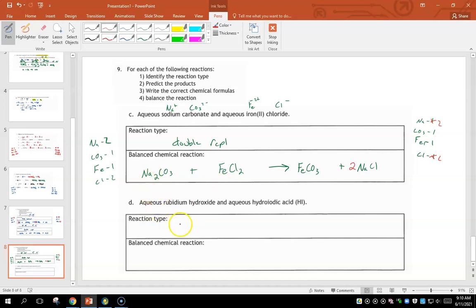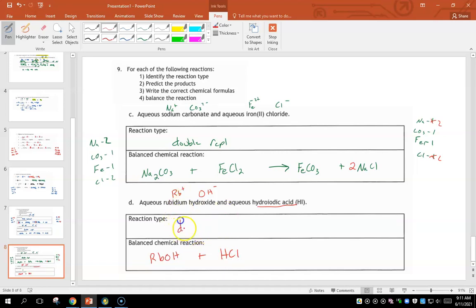Okay, last one. We got rubidium hydroxide. Rubidium is a +1, hydroxide is OH, and it's a -1. Then we got hydroiodic acid, and because I didn't teach you guys acids, I gave you that little formula. So it's going to be RbOH plus HCl.